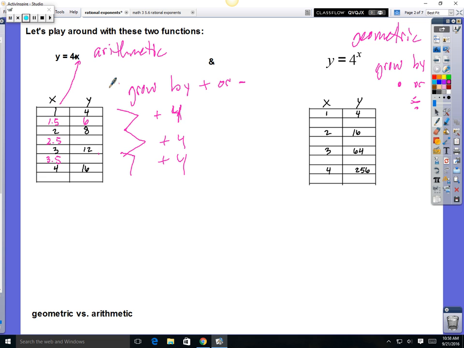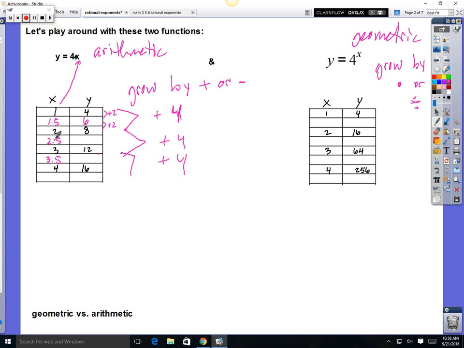So if I split it up into 2 chunks, that's going to be plus 2 and plus 2, because plus 2 twice is really the same as one step of plus 4.